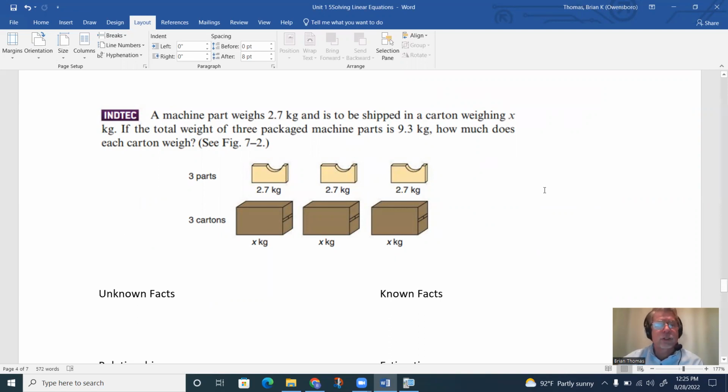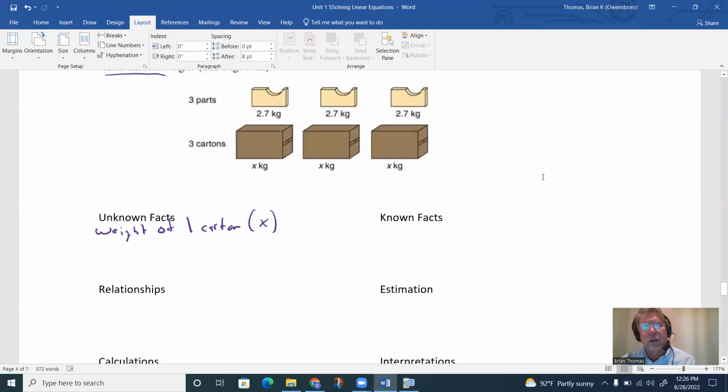So the only thing we know for sure is what's given. The unknown fact is always what they're asking for. Notice how it says how much does each carton weigh, so the unknown fact is the weight of 1 carton. Based on the diagram, they're using X to represent the weight of a carton. That's going to be the unknown, and that's where a variable comes in. The known facts: the 2.7 is going to be the weight of the part, and we do know that we're going to have 3 parts.